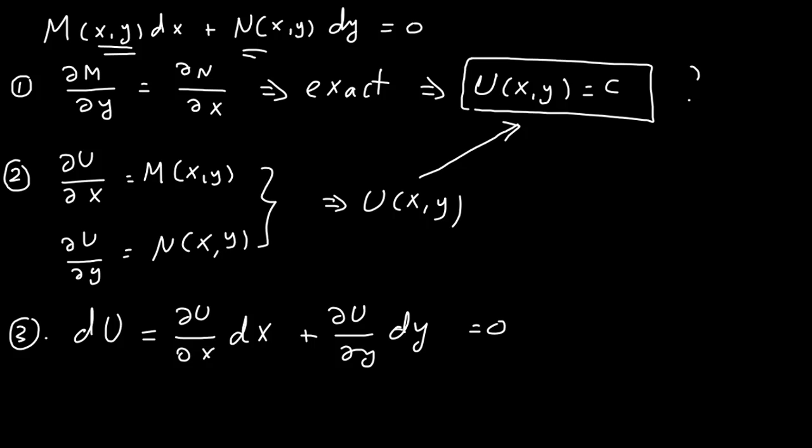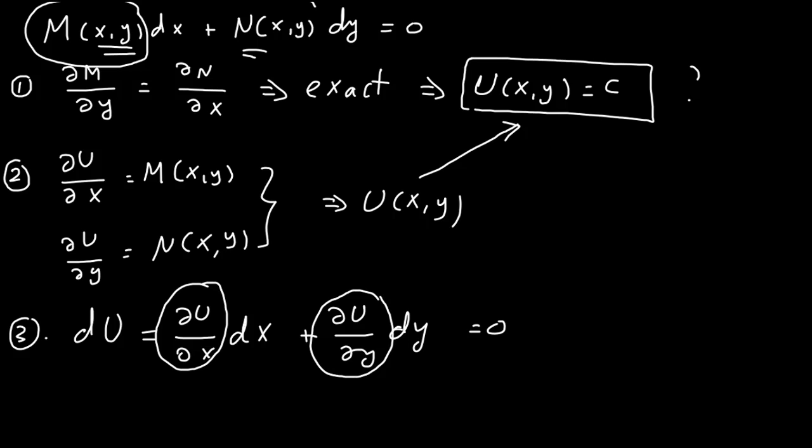If our solution is correct, then we will find that partial u by partial x is exactly equal to M of x and y in the given differential equation, and partial u by partial y is exactly the same as N of x and y. And these are the three steps that we need to find the solution of a first order first degree differential equation. So let's take an example to clarify this technique.